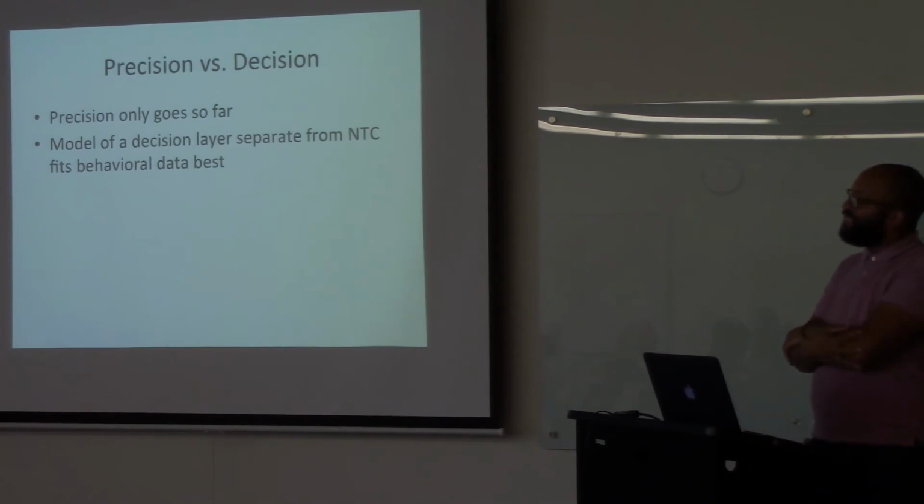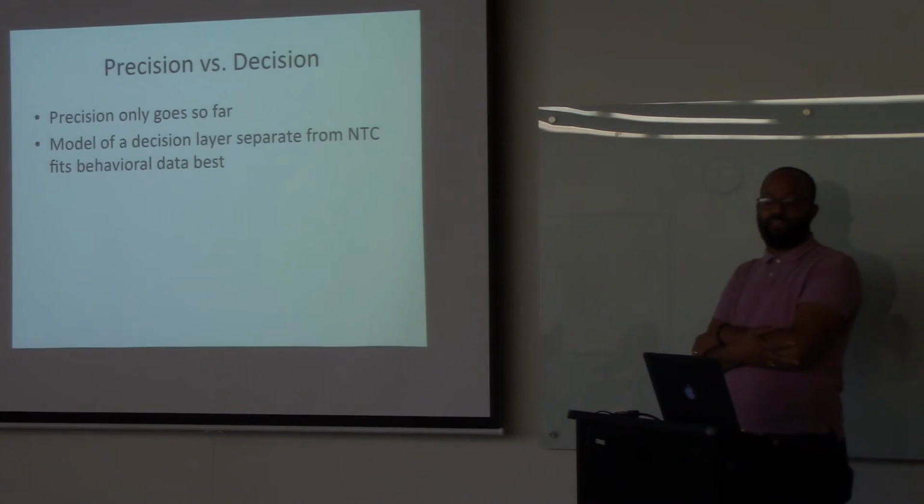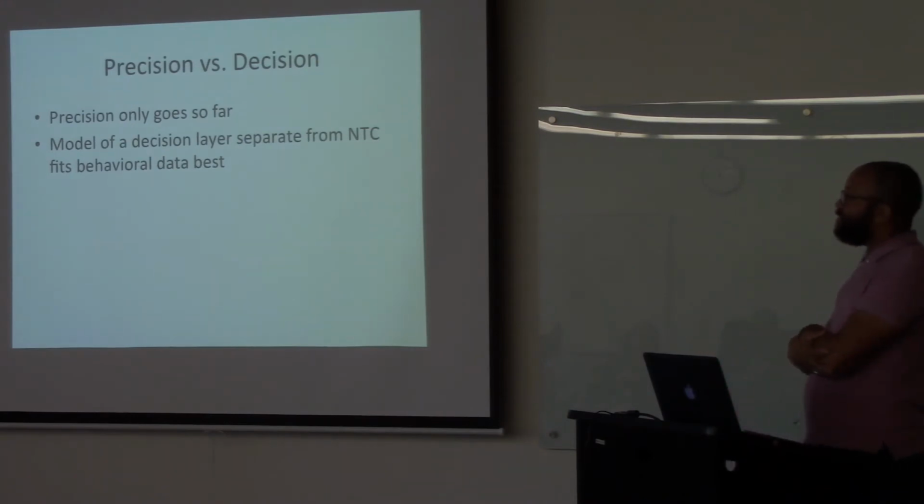There's a moderate correlation between accuracy and precision, but it's not particularly high. Precision really only goes so far. When I try to model how well people do on both of these tasks just using precision, so varying the neural tuning curve width, it does relatively well. If you add a decision layer to the model when it is doing the comparison task, it does a lot better.